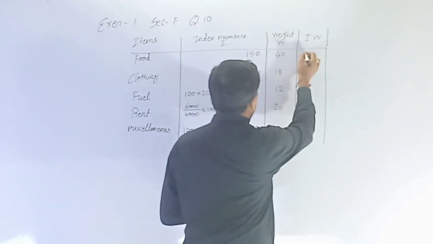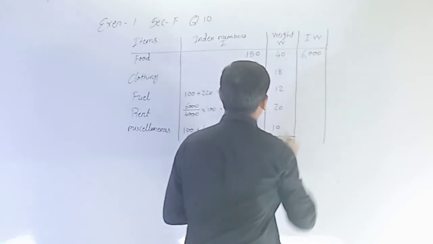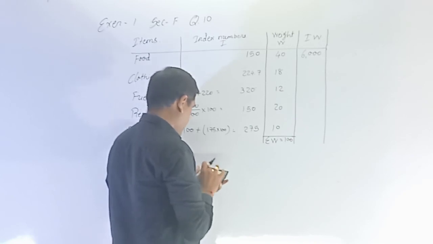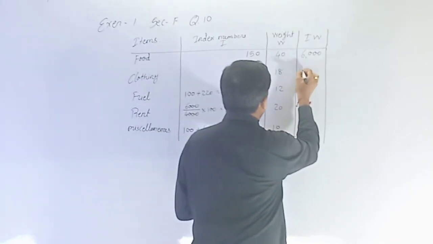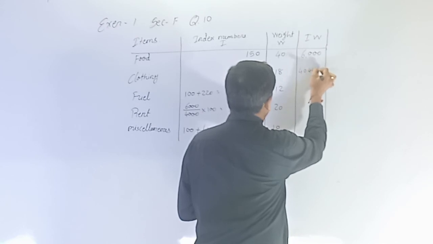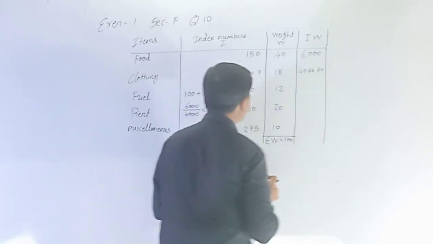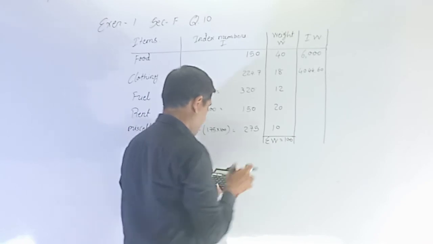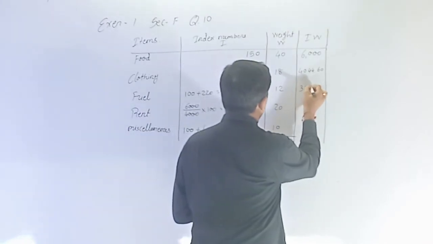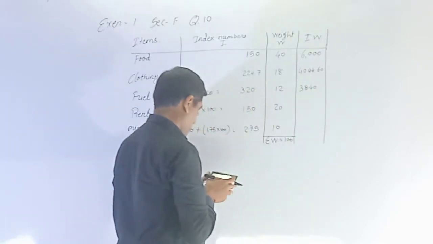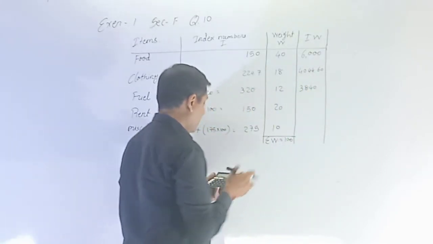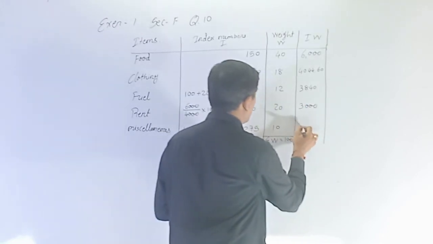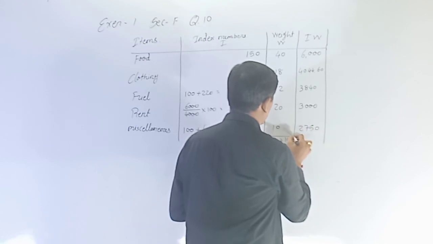150 into 40 is 6000. 224.7 into 18 is 4044.60. Then 320 into 12 is 3840. 150 into 20 is 3000, and then 2750.